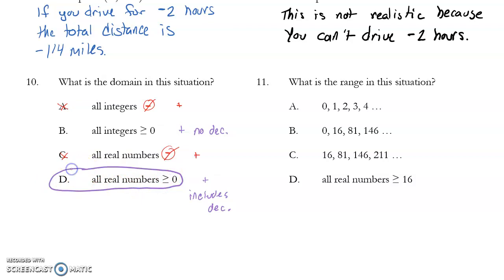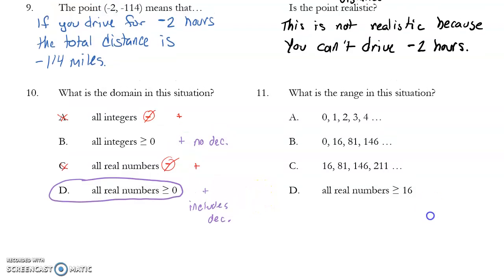So that's my domain. So I like to think of answering that question as this over here, to use this question to help me answer this question here. I know that my domain, some numbers are 0. I can drive for 0 hours. All of these decimals in between, and I can drive for 1 hour. All the decimals in between, I could drive for 2 hours.